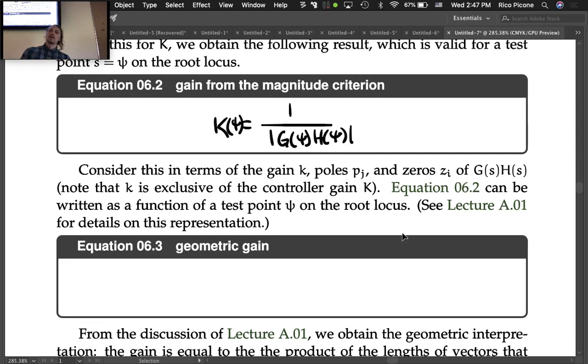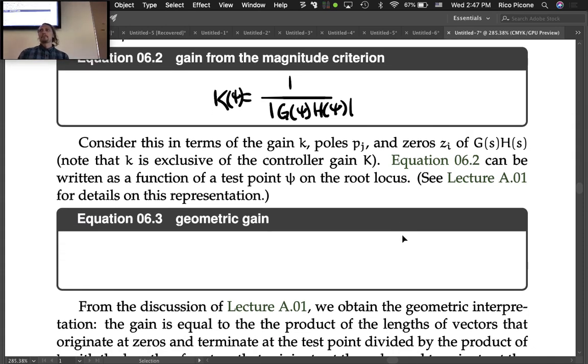So we can rewrite equation 6.2 using the interpretation from lecture A1, which said that we can think of the evaluation of a transfer function at a given test point as follows: the magnitude would be the product of the lengths of all of the vectors that go from each zero location to the test point, divided by the product of the lengths of all of the vectors going from pole locations to the test point.